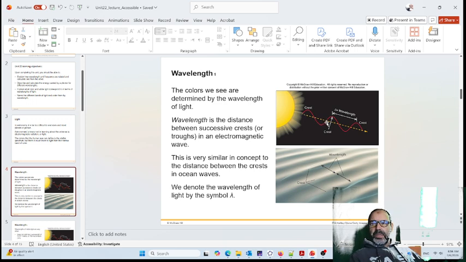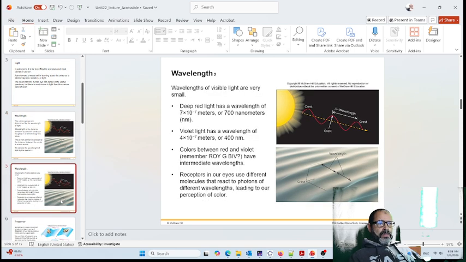What I mean by zero is when the electric field is null and null the next time, going in the same direction, from low to high. This distance is the same. We use the Greek letter lambda for the wavelength.